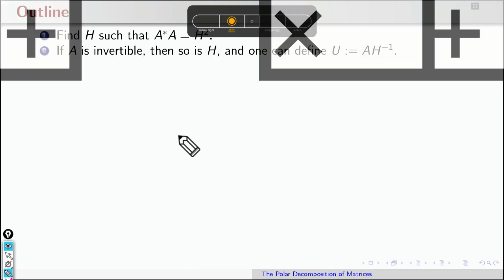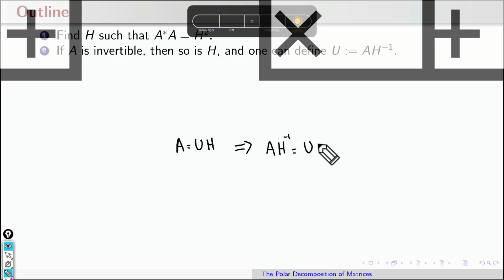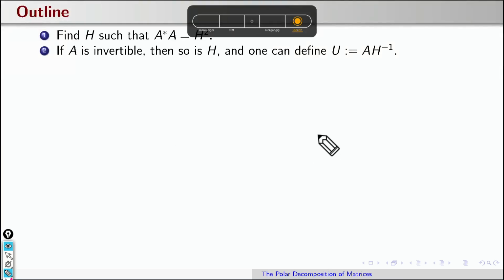There's no other choice, because if we want to have this condition and A is invertible, we can show that with this condition H will be invertible, and if we multiply by the inverse on the right, you will necessarily have this condition. If you want this to be fulfilled, you must take U equal this.